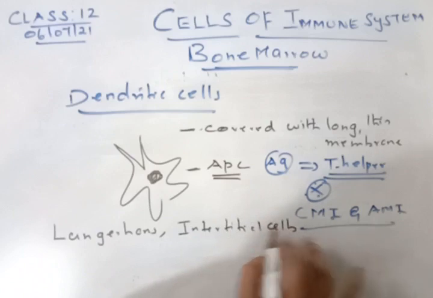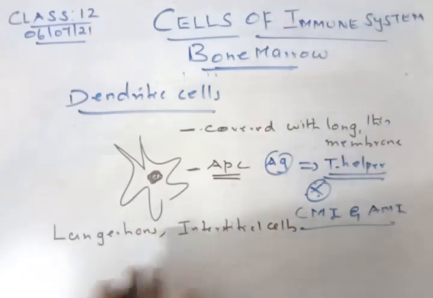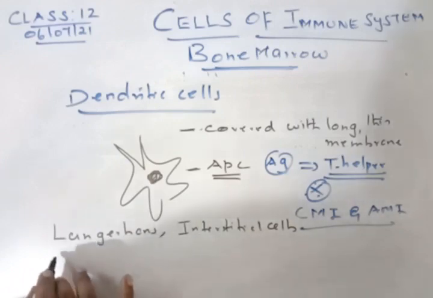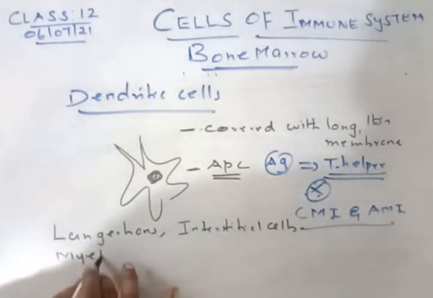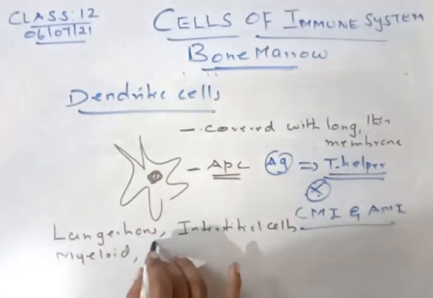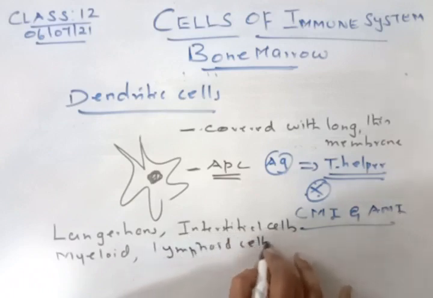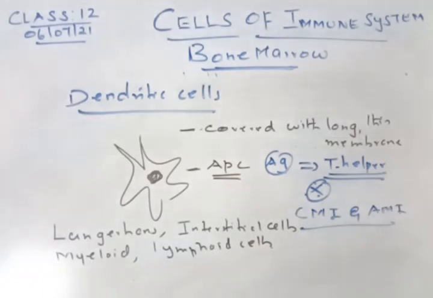Interstitial means it is in between the 2 cells. And it is there in the myeloid cells. In different areas you will have it. We will talk about this when we discuss the 1 marks. And finally it is there in the lymphoid cells. Clear? So that's all about the cells of the immune system.